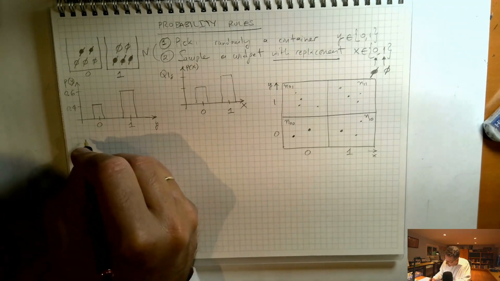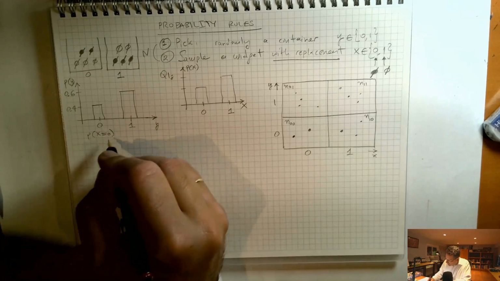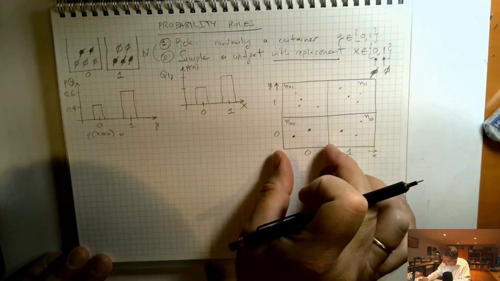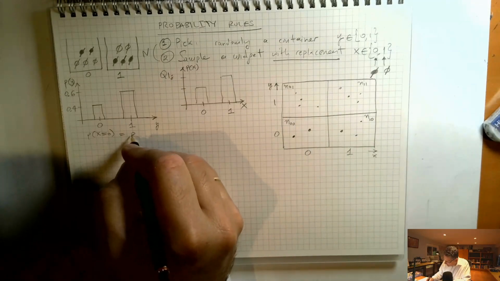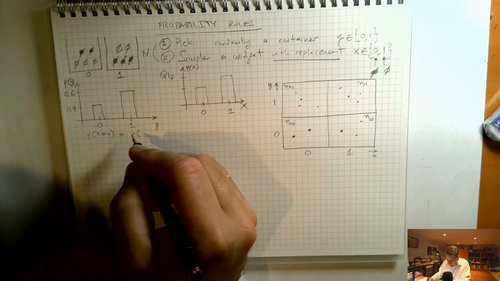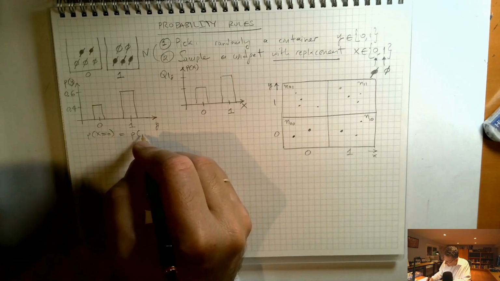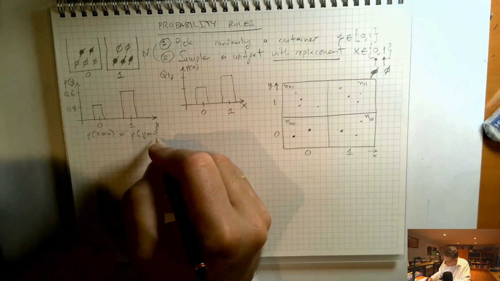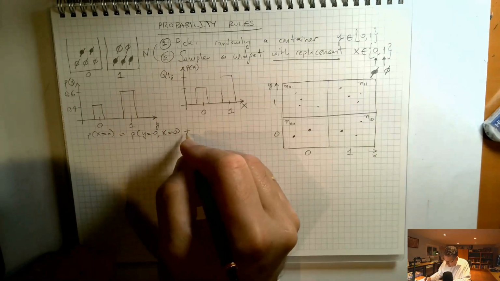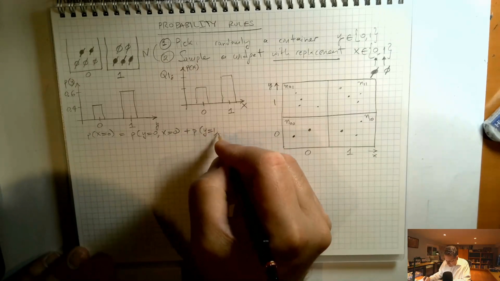I'm going to write it over here: P of X is equal to 0. Well, X is equal to 0 can happen in two ways. A black widget can come either from container 0 or from container 1.